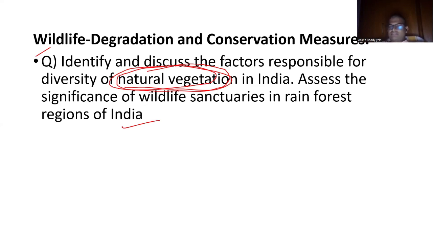So we have different natural vegetation. And assess the significance of wildlife sanctuaries in rainforest regions of India, especially in the Western Ghats, the northeastern states, and Andaman. This is how they combine 2-3 topics.